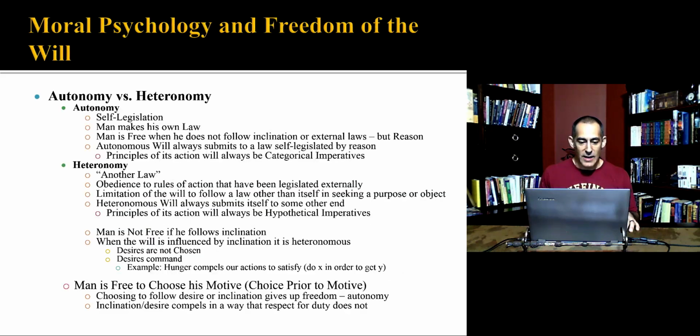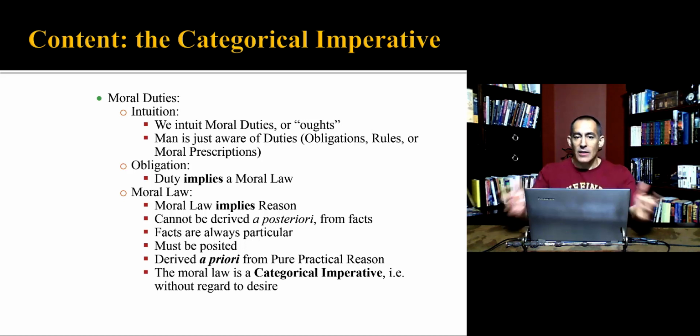Second section, now that we've gone through the moral psychology, is to look at the content. Okay? Probably the most important term in all of Kantian ethics is the categorical imperative. So we want to talk about exactly what that is, because this is going to be the key principle.